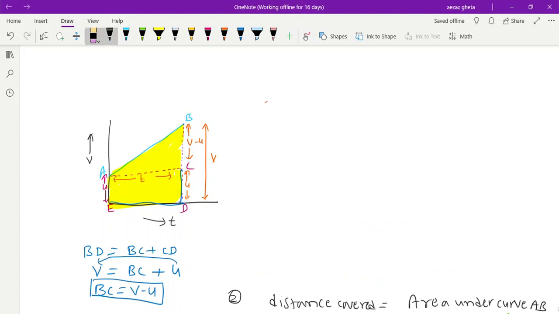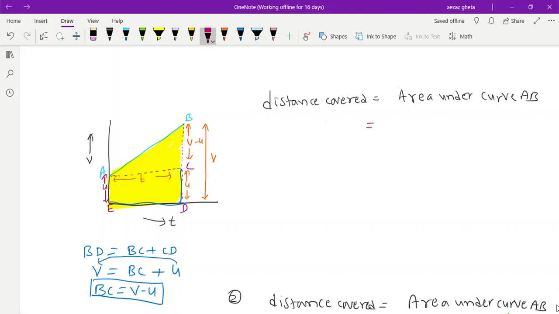Now if I go with the last equation of motion, the distance covered is the same, equal to the area under curve AB.